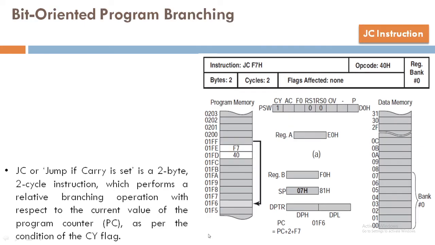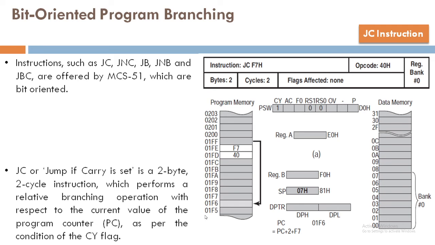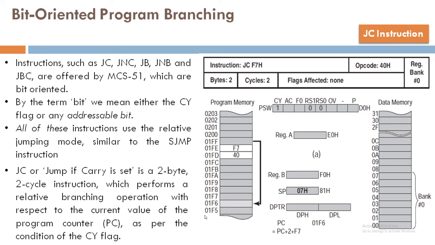Now if we go to the section where we will be discussing the jump instructions corresponding to a particular bit value, in this case we are talking about the JC instruction. So JC, JNC, JB, JNB and JBC offered by MCS 51 are all bit oriented.